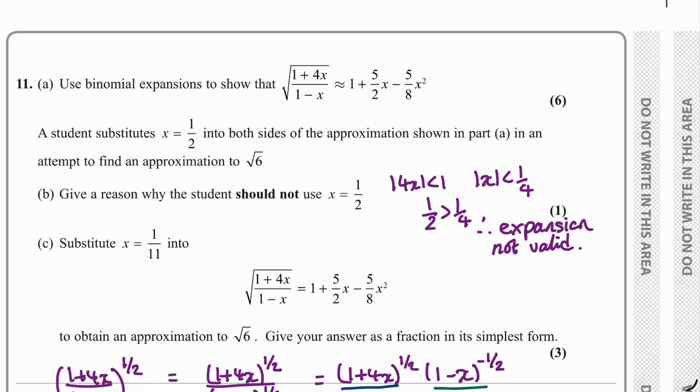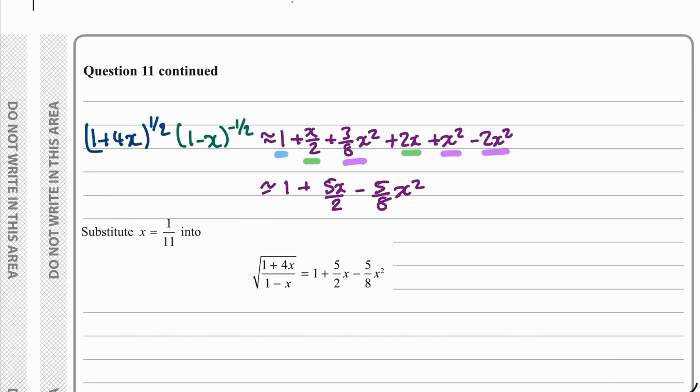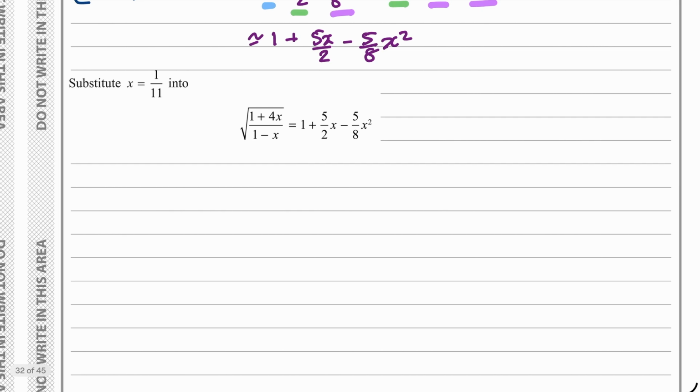And for part C, substitute x equals 1/11 into both sides to obtain an approximation to root 6. So if we substitute 1/11 into the left-hand side, then we'll have the square root of 1 plus 4 multiplied by 1/11 divided by 1 minus 1/11. Now we can tidy this up.